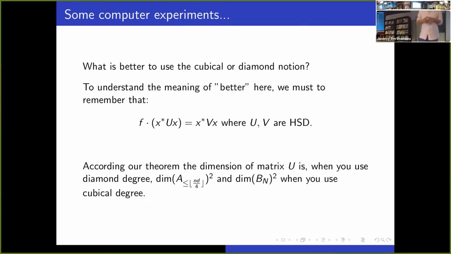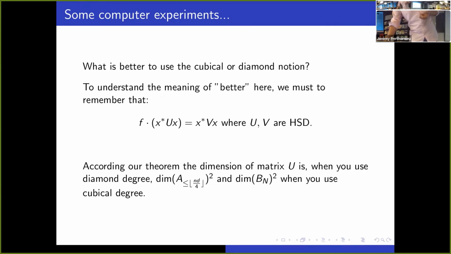According to our theorem, the dimension of matrix U is, when you use diamond degree, the dimension of A_n squared, and when you use cubical degree, B_n squared. So which is smaller is the question.